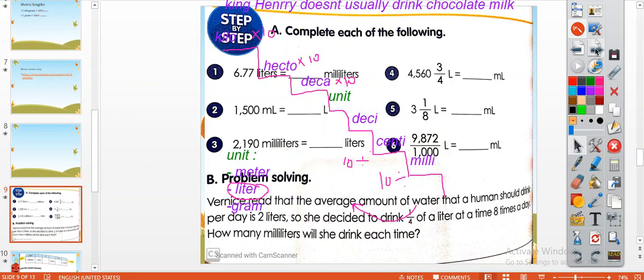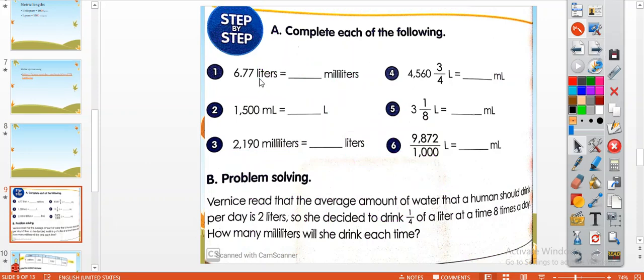Here he's asking us to complete each of the following, and he's asking how many milliliters 6.77 liters equal. So simply, you're going to see what you're going to multiply the liters by.